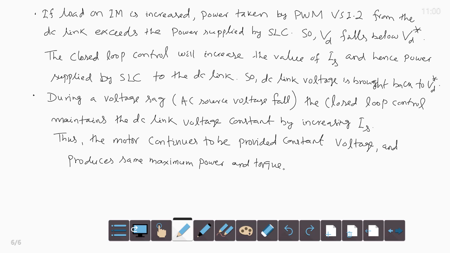During a voltage sag, the closed loop control maintains the DC link voltage constant at the reference value by increasing IS, that is drawing more current from the source. Thus, the motor DC link voltage is maintained constant at the reference value. So, the motor continues to be provided constant voltage and produces the same maximum power and torque.